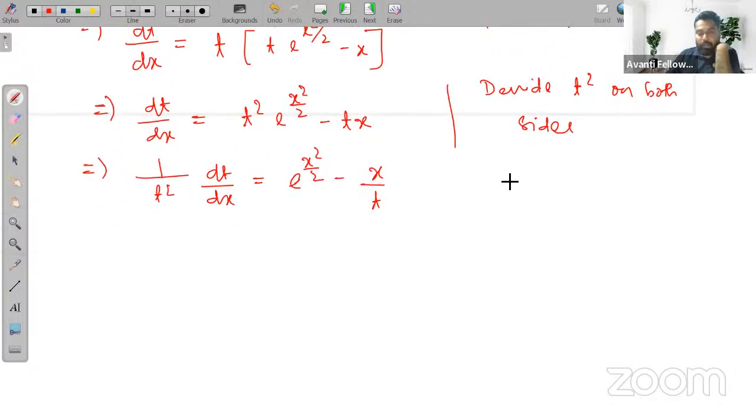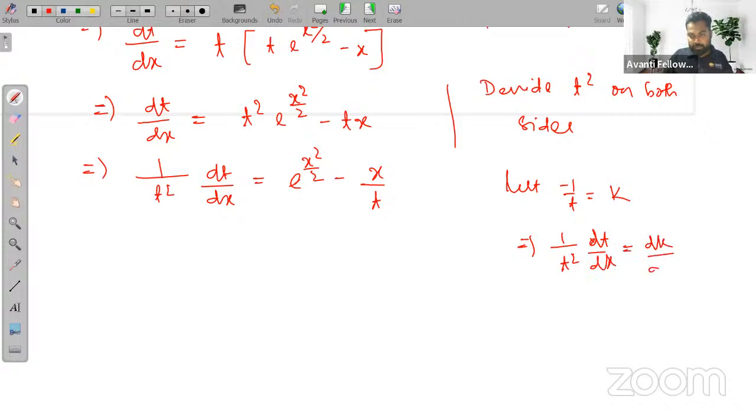So finally, if you put here minus 1 upon t as k, then if you differentiate it, it becomes 1 upon t square into dt by dx is equal to dk by dx. Now in this place we can substitute dk by dx minus kx.